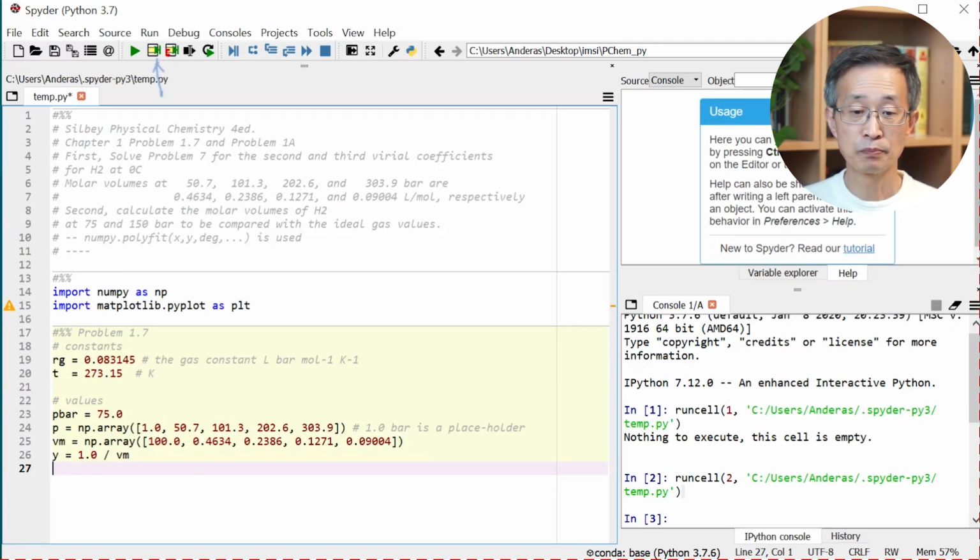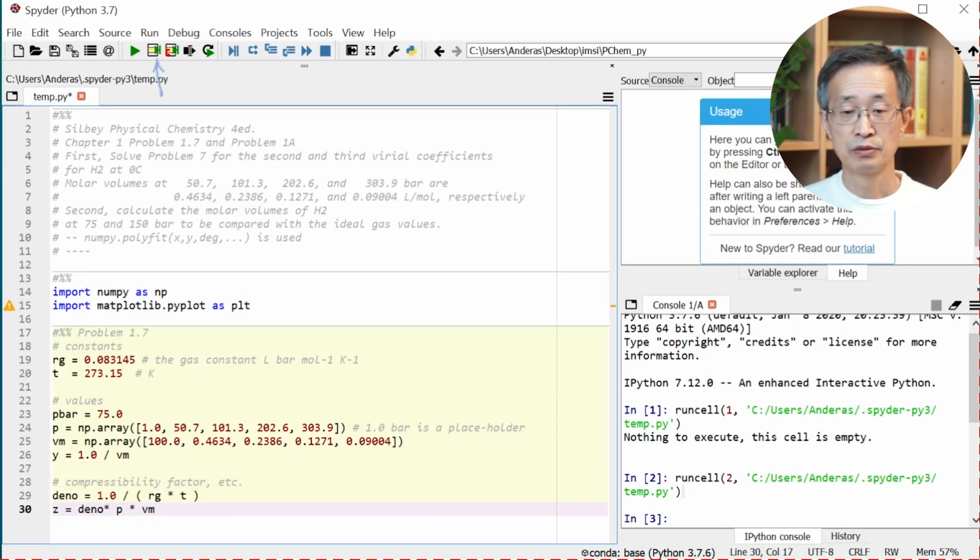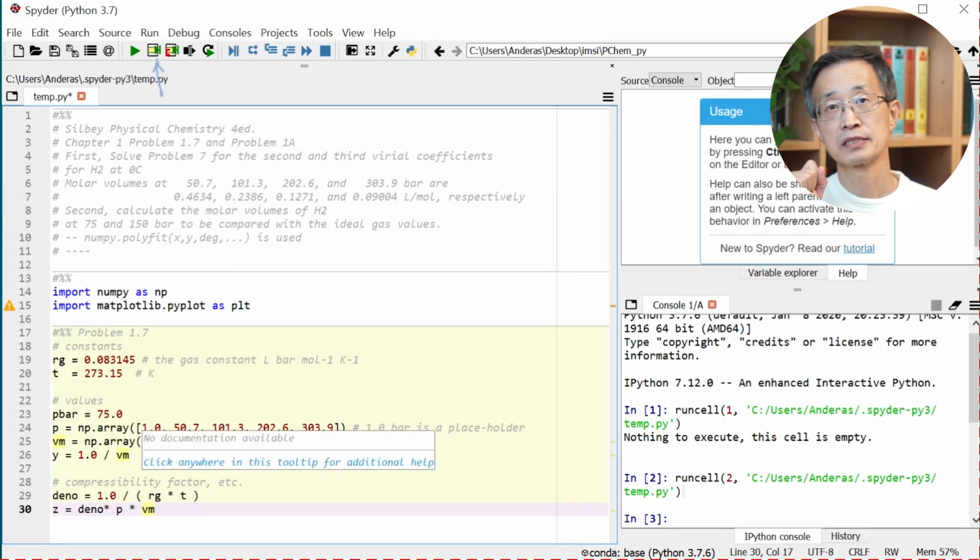Now we are at the point to calculate the compressibility factor. Compressibility factor is PV over RT.